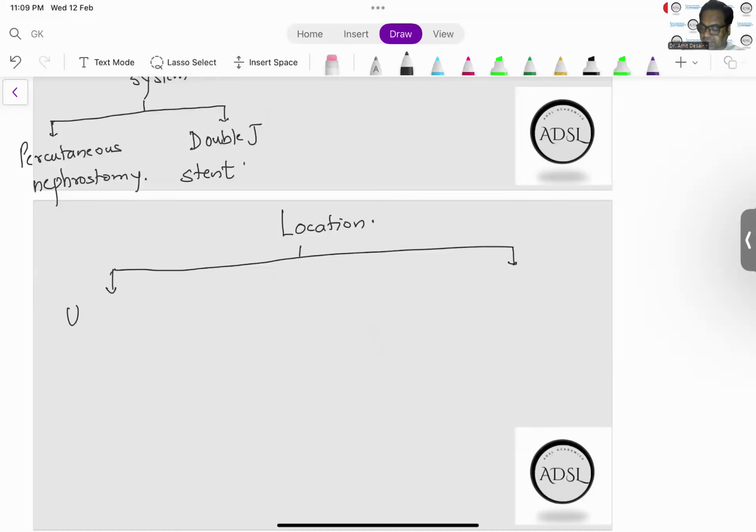It can be located in the upper one-third of the ureter, in the middle one-third of the ureter, or in the lower one-third of the ureter.